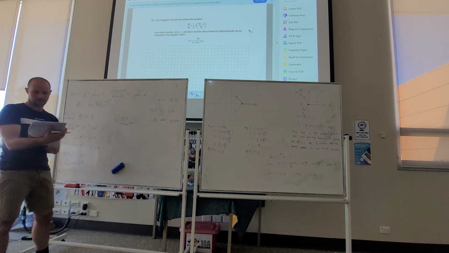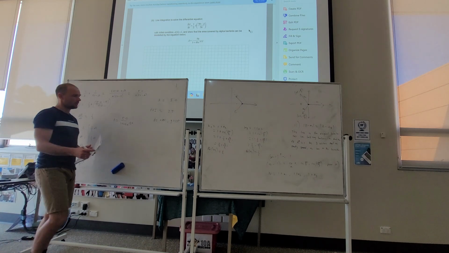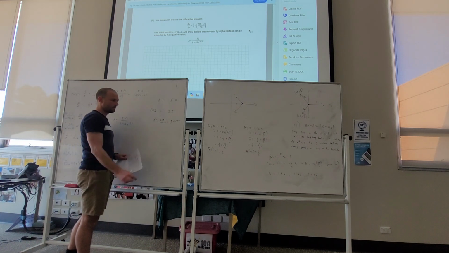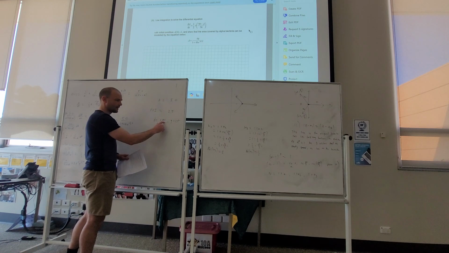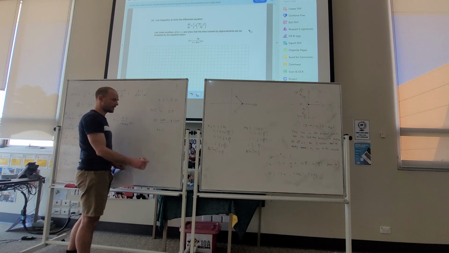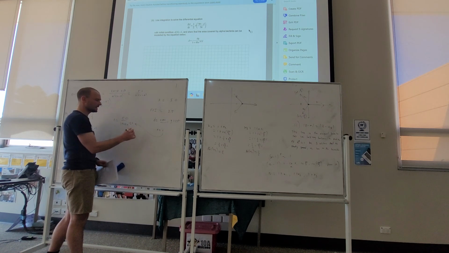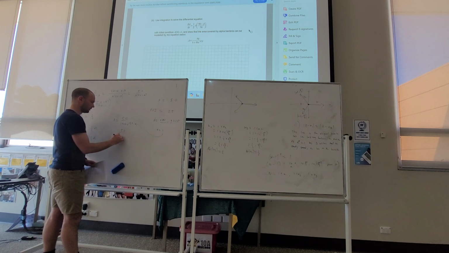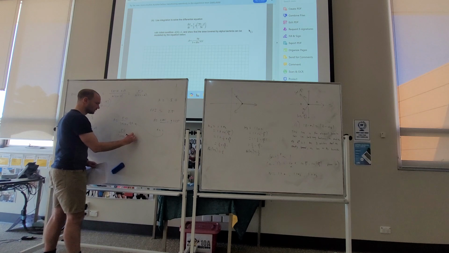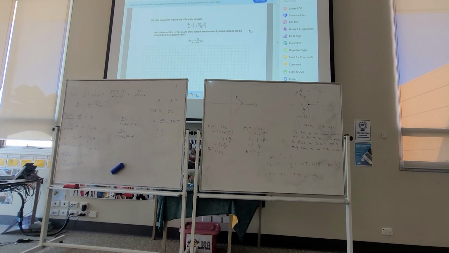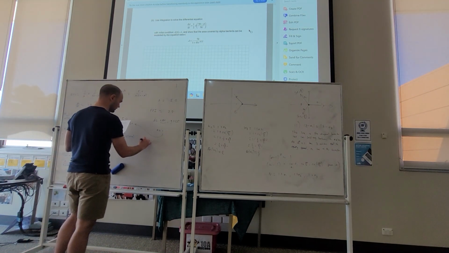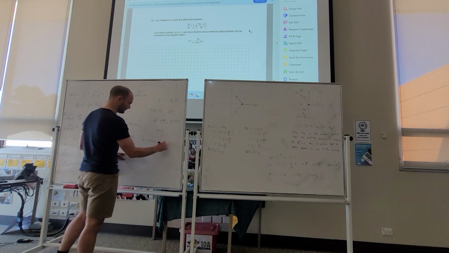Now, D is 0.874, but D starts when t is 1. So the t value we're going to put in here is 1.874. Find the area when it's at its greatest. So the area at t equals 1.874 is 2.48 centimeters.